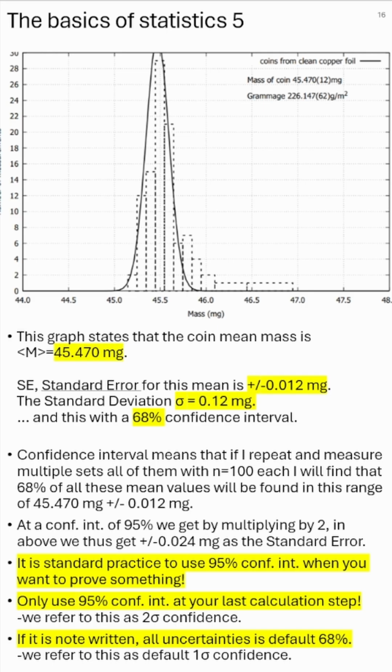Otherwise, if we don't mention that we have a 2 sigma confidence interval or something like that, then the reader defaults to think we are in the 68% version, and this was also referred to as the 1 sigma confidence interval.